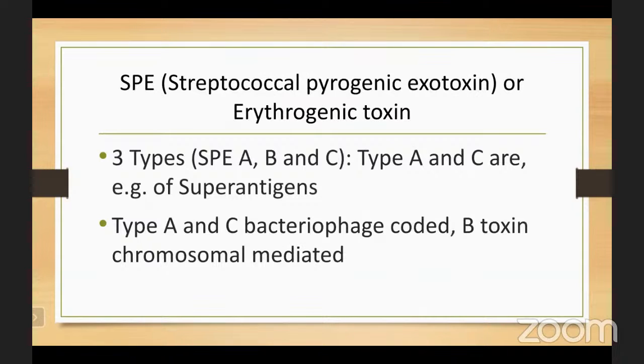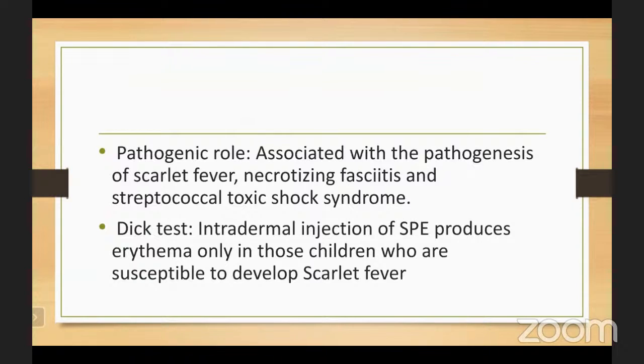Next one is the streptococcal pyrogenic exotoxin or erythrogenic toxin. It has three types, A, B, and C. Types A and C are examples of superantigens, and they are bacteriophage coded. B toxin is chromosomally mediated. Next one is the pathogenic role. It is associated with pathogenesis of scarlet fever, necrotizing fasciitis, and streptococcal toxic shock syndrome.